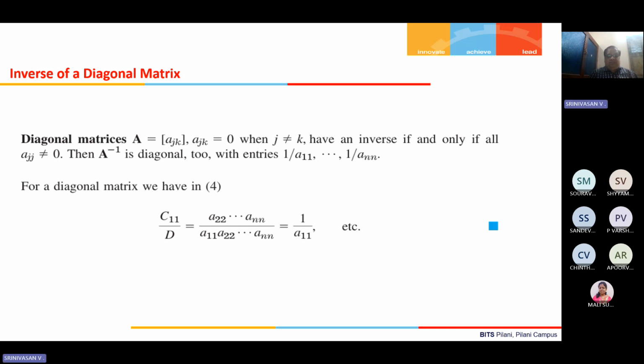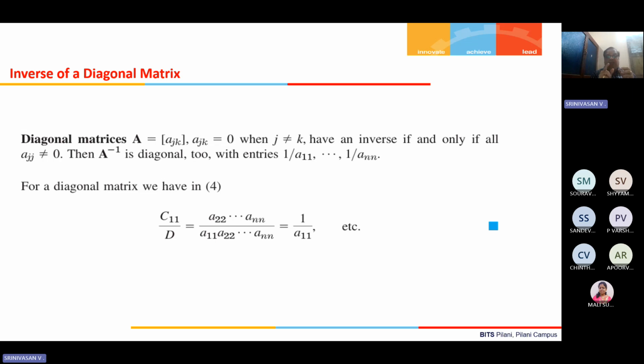Diagonal matrices, J not equal to K, A_JK equals 0, have an inverse if and only if all A_JJ are not equal to 0. What is A_JJ? A11, A22, A33, A44, etc., ANN. Or if it is a matrix of order 3 by 3, A11, A22, A33. So they are not equal to 0. The principal diagonal elements are all not equal to 0.